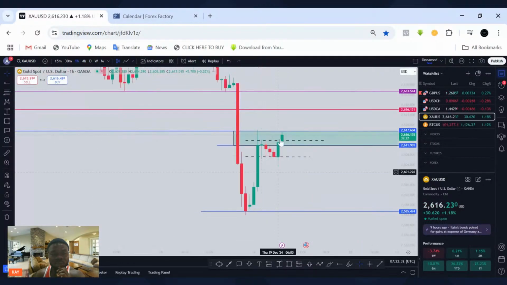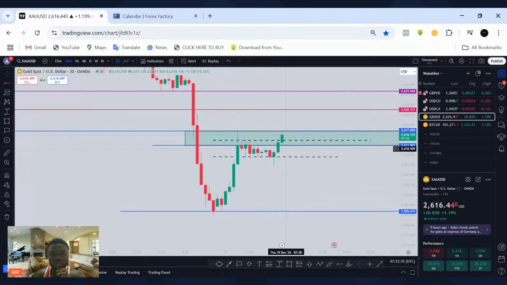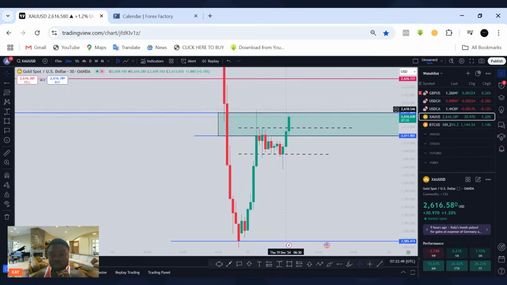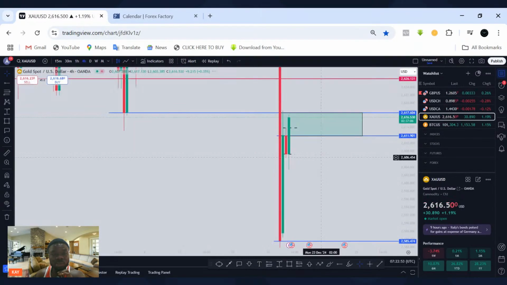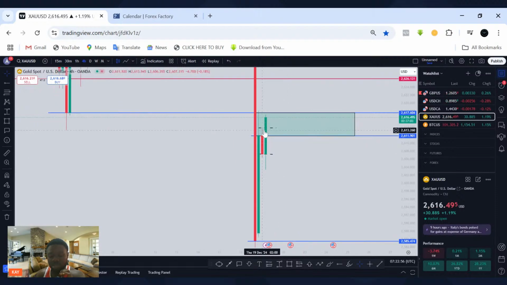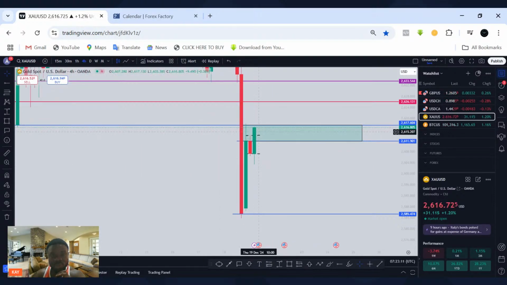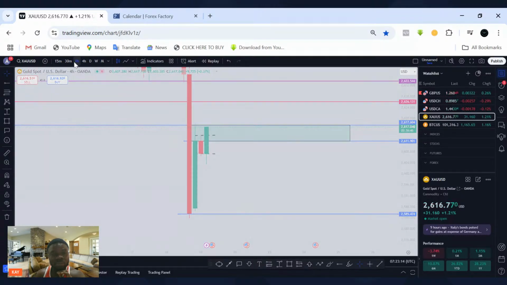So I was expecting the 7 o'clock candle to start pulling back so that we can find an entry on gold. I have a strong belief that gold will start flipping. But as I saw the high broken, I noticed that the chances that price will continue up are very high.